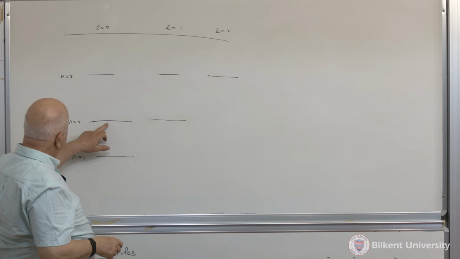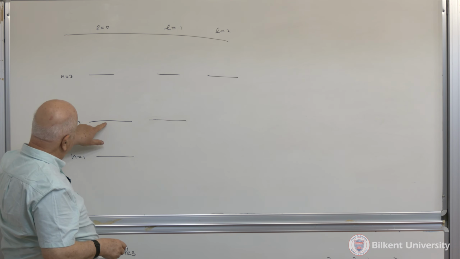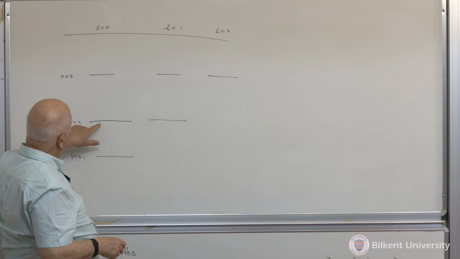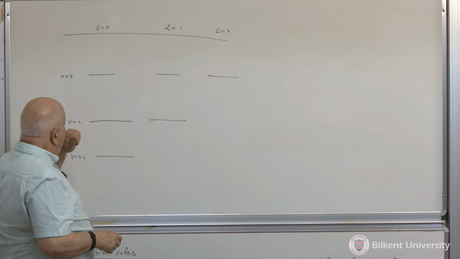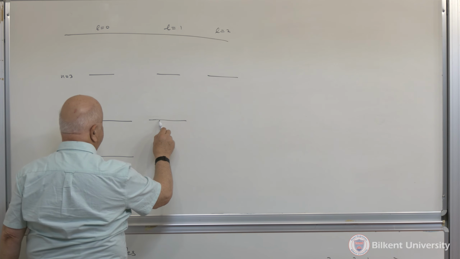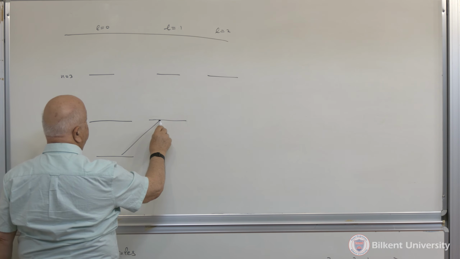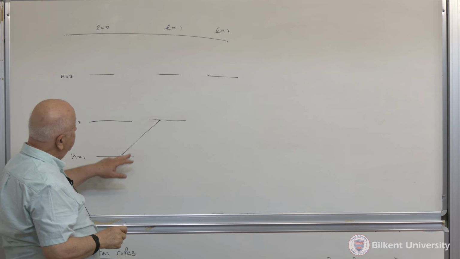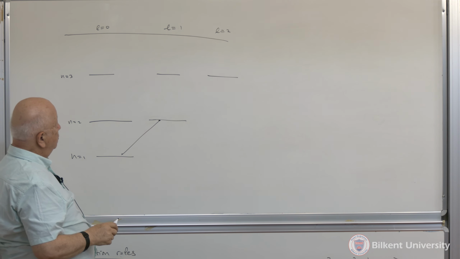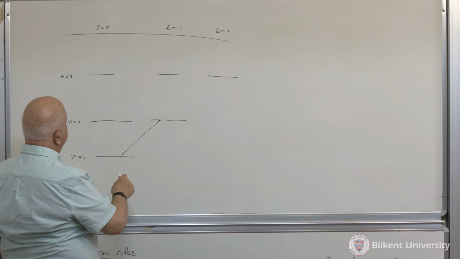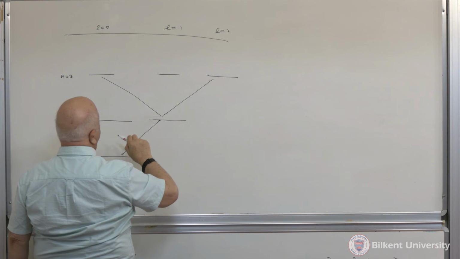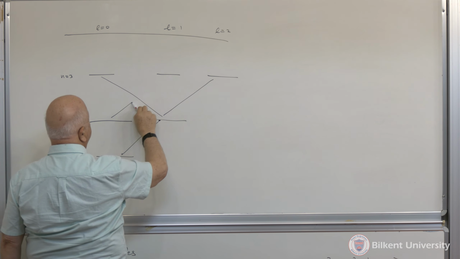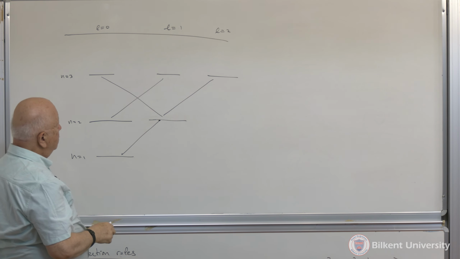So I cannot have a transition, for example, from the n equal to 2, L equal to 0 state to the ground state. But I can have transitions between these two states because it corresponds to delta L equal to 1. So I can have all these types of transitions from one state to another, which go like that.